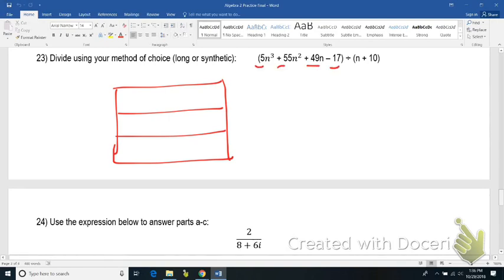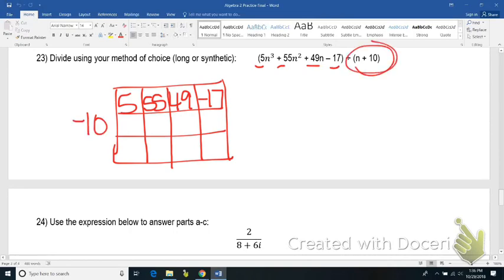So since there were 4 terms, you get 4 columns. And across the top, just the coefficients, right? The number outside is the opposite of that one, because it's when you take n plus 10 and set it equal to 0.